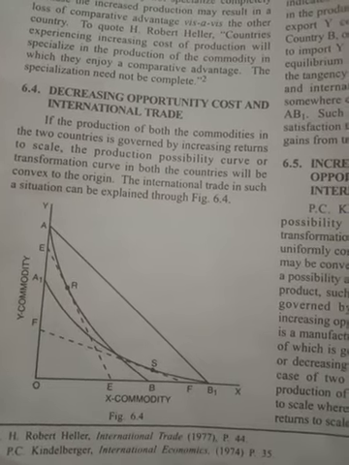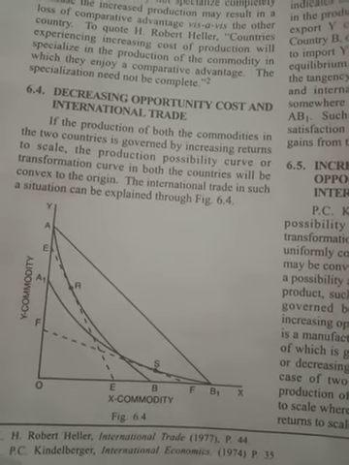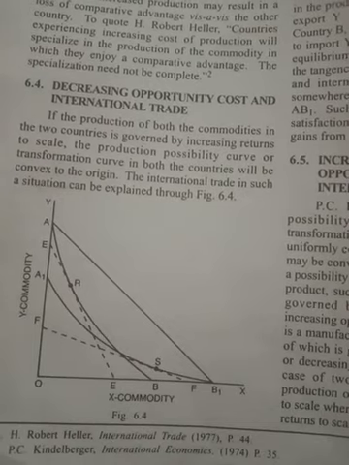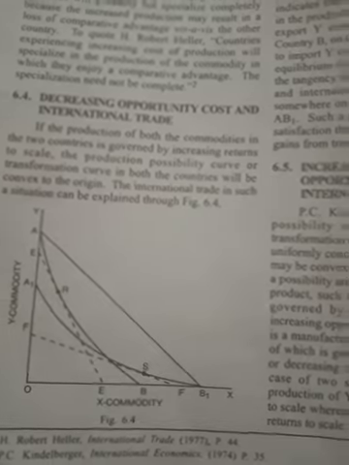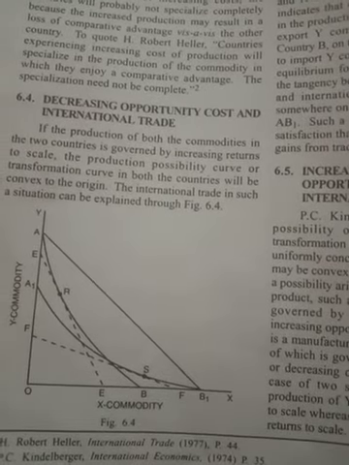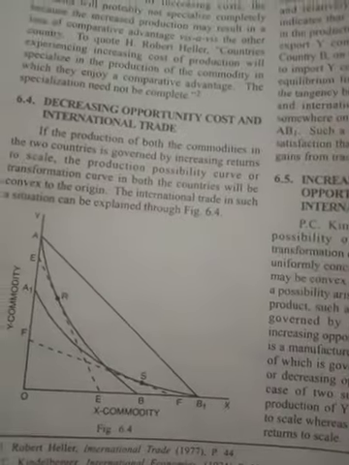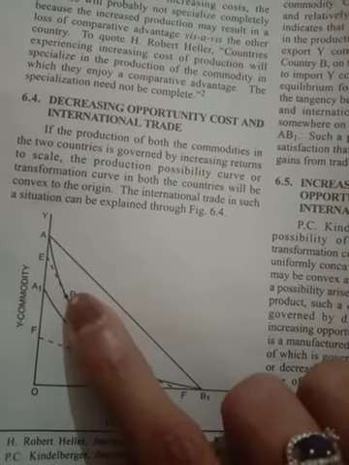In the absence of international trade, that is the very first case that we are going to analyze, the equilibrium point of country A is determined at point R, where the domestic exchange ratio is indicated by the price line E. If there is no international trade, what happens? You can select point R, that is this one.